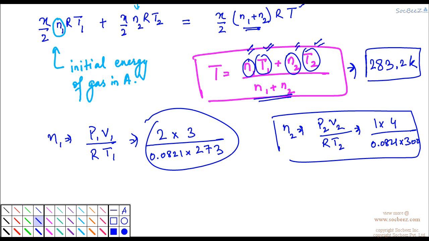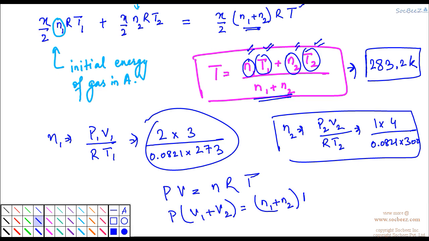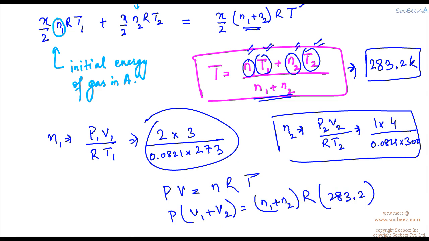when both the gases have mixed, there would be the condition PV equals nRT, where the pressure is what we have to find, the volume available will be V1 plus V2, both the containers, the moles would be N1 plus N2, R, and the final temperature, that is 283.2.